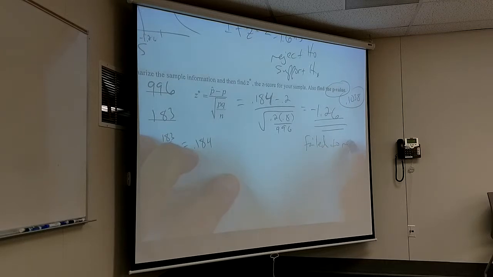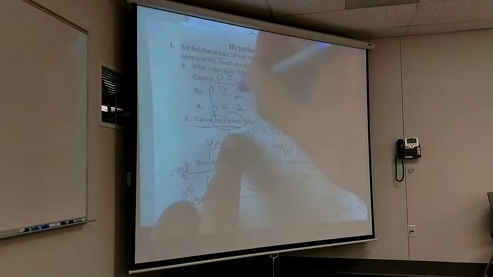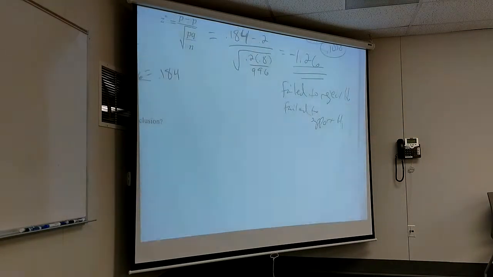Failed to reject the null. Failed to support the Ha. Why is that good news for us? Because which one were we? What was our claim? The Ho, right? The null. And what did we do? We failed to reject it. It's like, oh, good. Yeah, we feel good about that. So we failed.